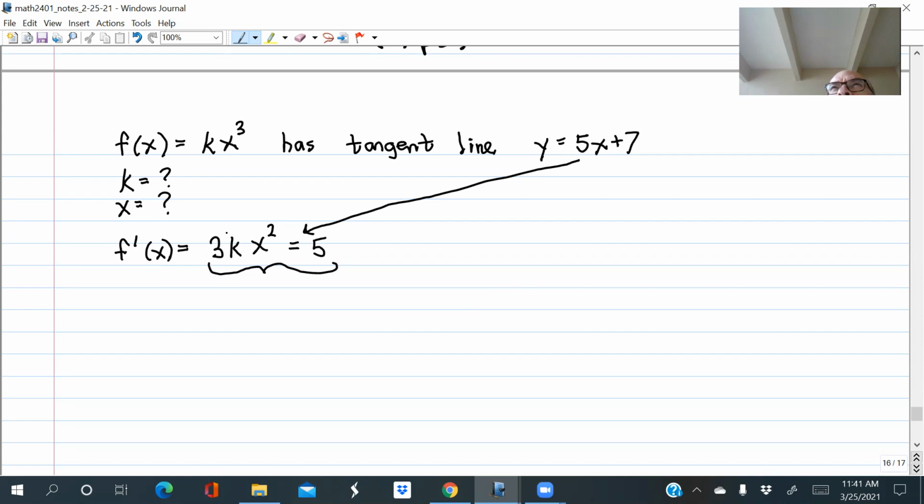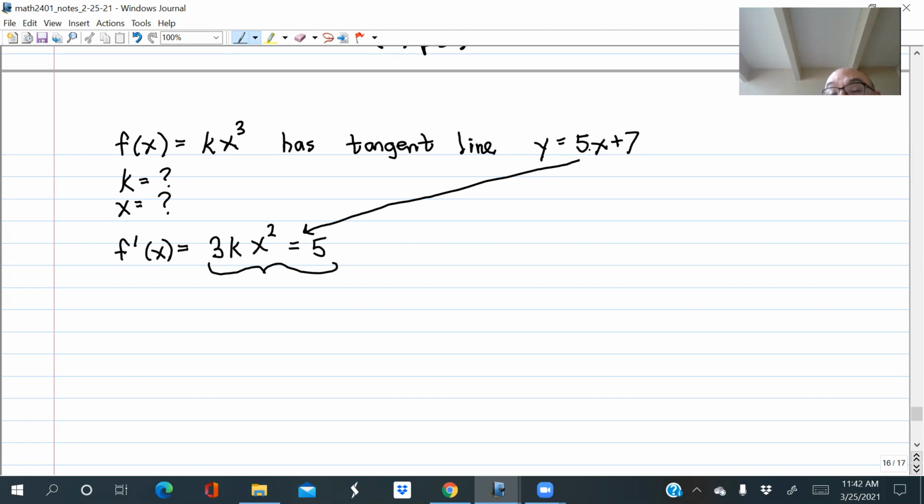That's where we have to rack our brain a bit. This is the tricky part of the problem. Where are we going to get that other equation from? What other piece of information are we overlooking here that we can use to help us find an equation? And the answer is, we have to remember geometrically, the tangent line is going to touch the curve.